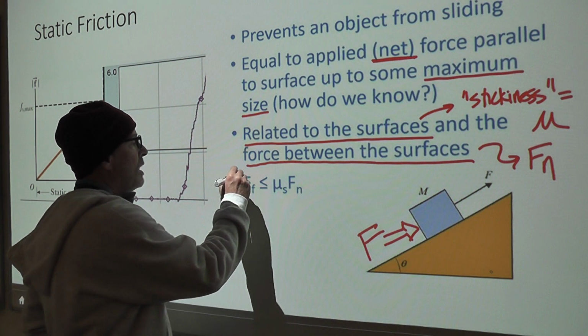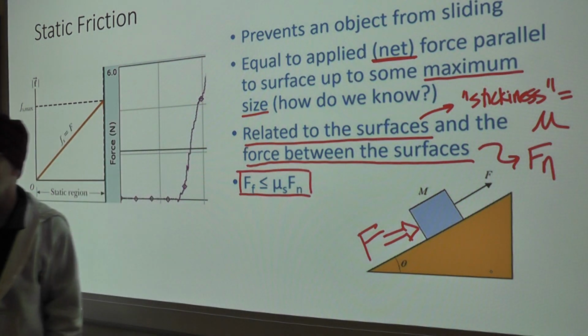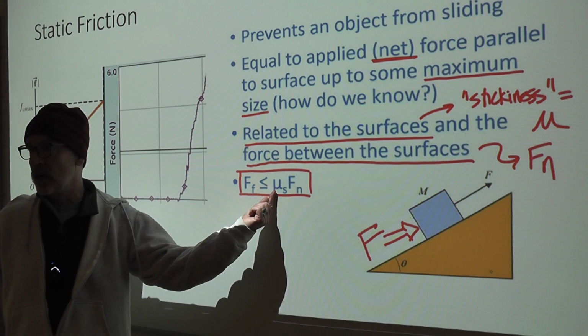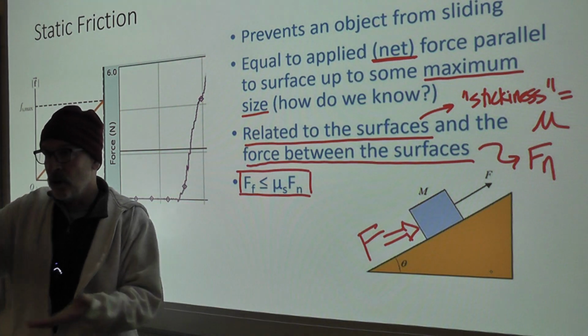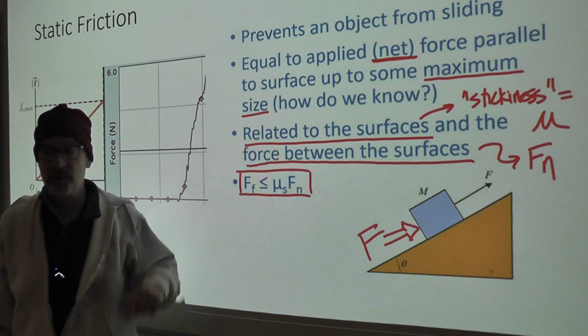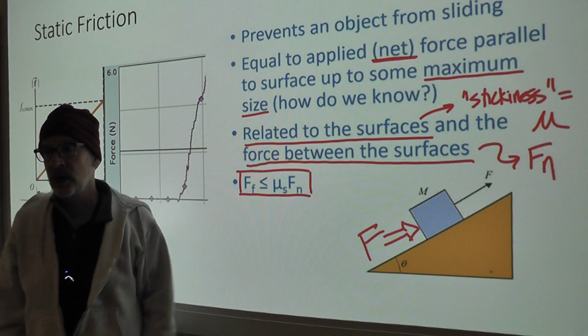So this is not the friction equation. This is an equation that has friction in it. And this explains the two things that cause friction. One is how sticky the surfaces are. The other is how tightly they're pushed together. Stickier surfaces will have greater friction. Surfaces that are more tightly pushed together will experience greater friction.